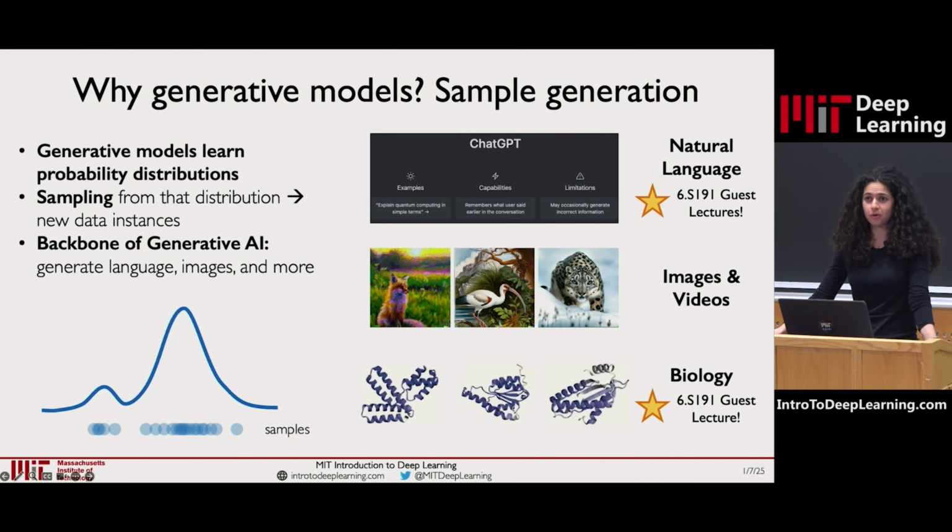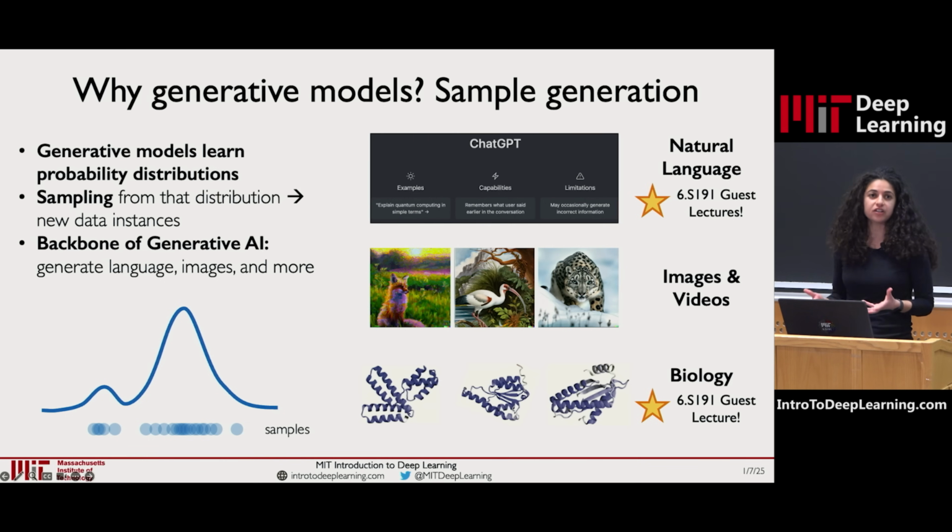Finally, perhaps the use case that many of us may be interested in or familiar with is actually using the generative model to create new data samples and new data instances. Because these generative models are modeling and learning probability distributions, that means that sampling from that distribution yields new data instances.